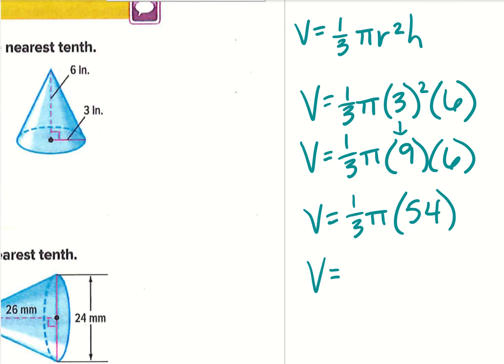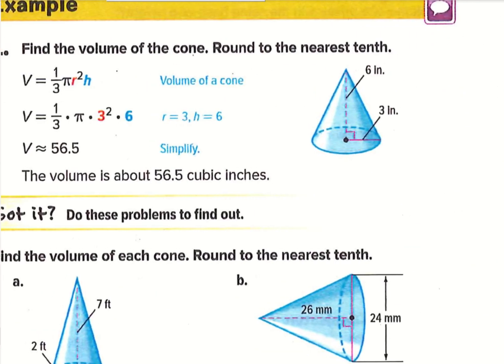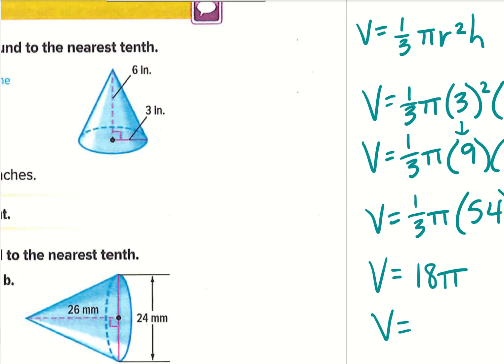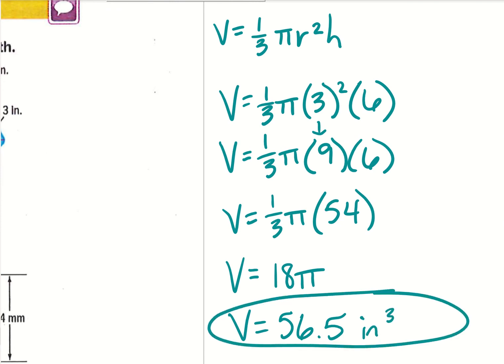Then we'll have 18 times pi, and you'll type that into your calculator. I don't know what that is off the top of my head, obviously, so that is going to be 56.5 inches cubed as our solution for the volume of this cone.